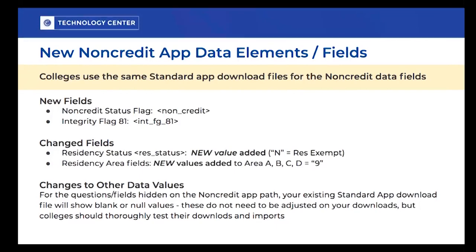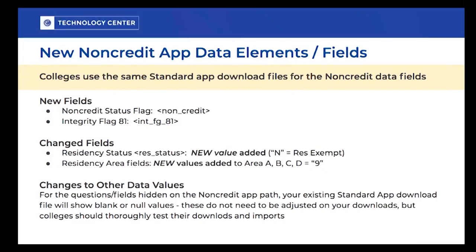So most of the rest of the data-oriented implementation tasks for setting up the non-credit app is really just awareness, being aware that there are going to be blanks and null values in your downloads.